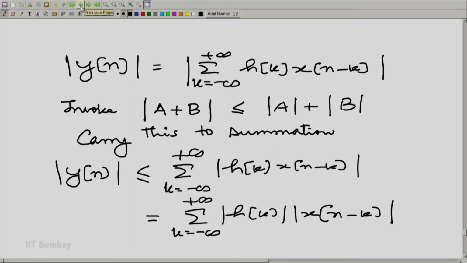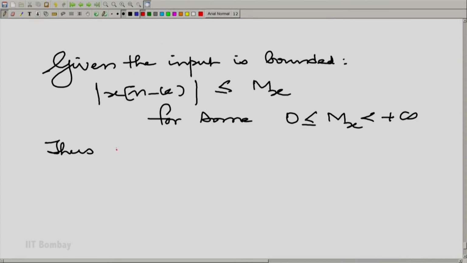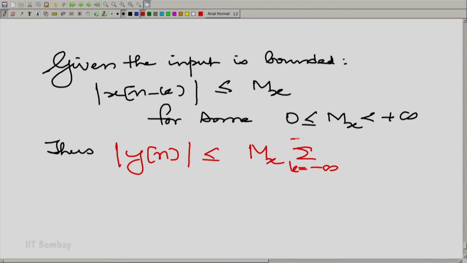You see, this quantity is less than or equal to Mx, and Mx is a non-negative finite quantity. Finite is important, and therefore we clearly have mod y[n] is less than or equal to Mx times summation k going from minus to plus infinity mod h[k].